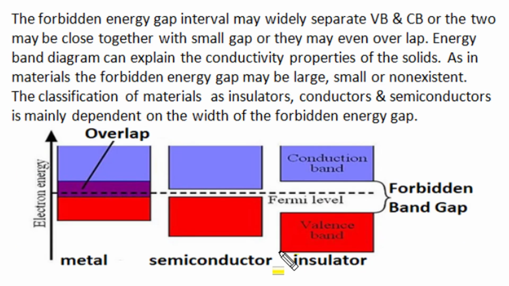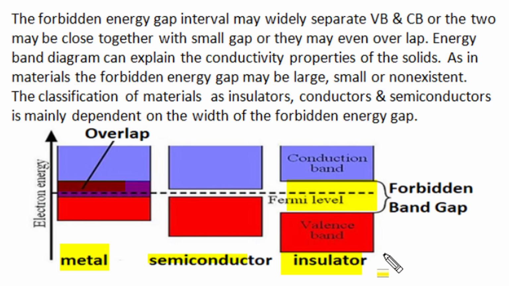In some material called an insulator, the forbidden energy gap interval widely separates the valence band and conduction band, or in a semiconductor, the two bands, valence band and conduction band, may be close together with a small forbidden energy gap interval, and in another type of material called a conductor, the two energy bands, valence band and conduction band, may overlap without the existence of a forbidden gap.